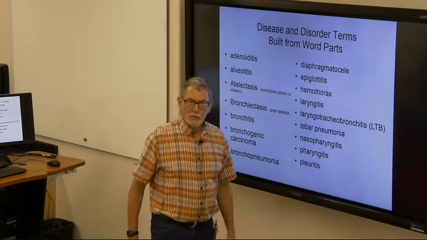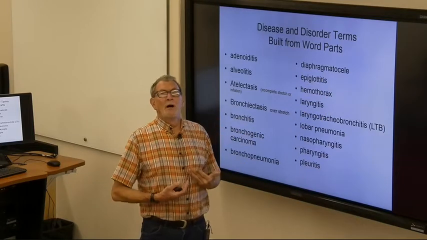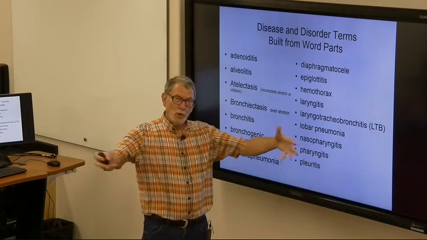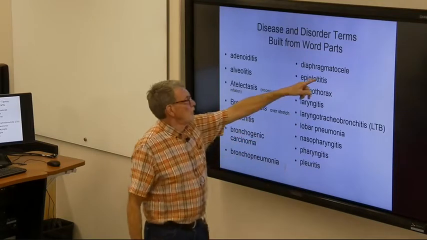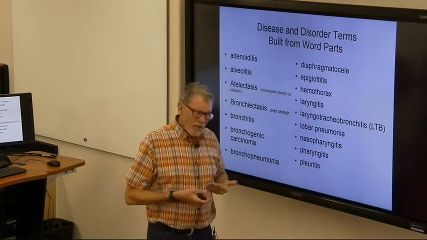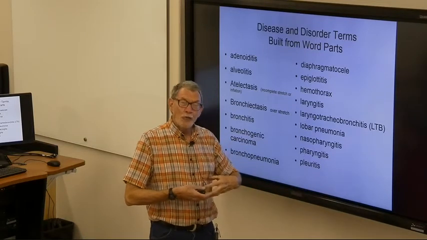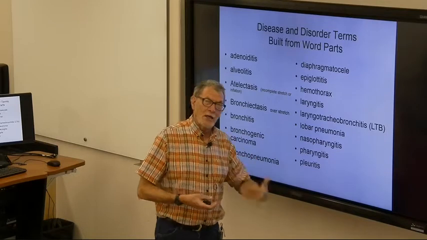Diaphragmatocele. What's a cele? A hernia. Ooh. Big, fat, blown up seal, right? Diaphragmatocele means that your diaphragm, which is supposed to be nice and smooth and strong, has a weak place in it that's herniating out of position.